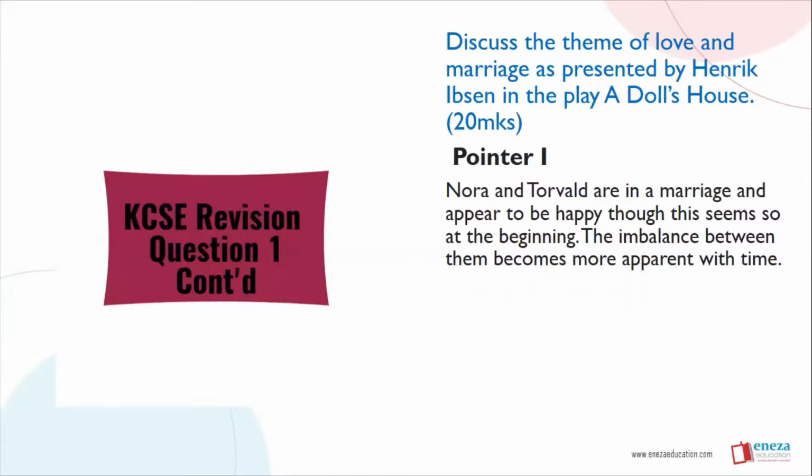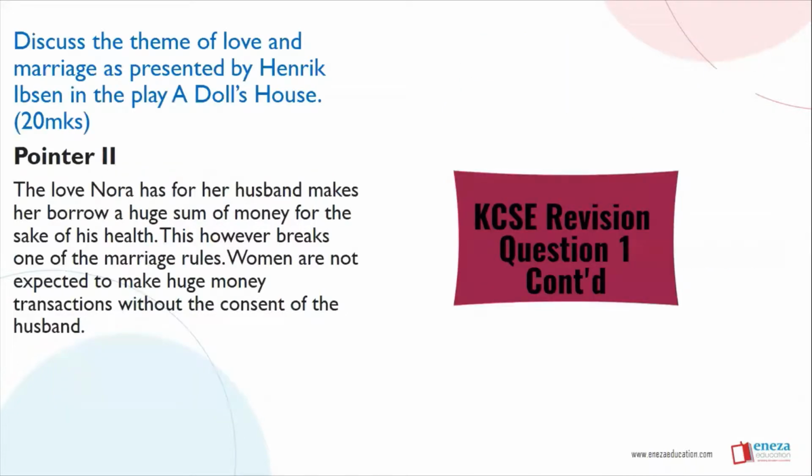Point number 2, the love Nora has for her husband makes her borrow a huge sum of money for the sake of his help. In the marriage, women are not expected to do transactions without their husbands. So Nora loves him very much.